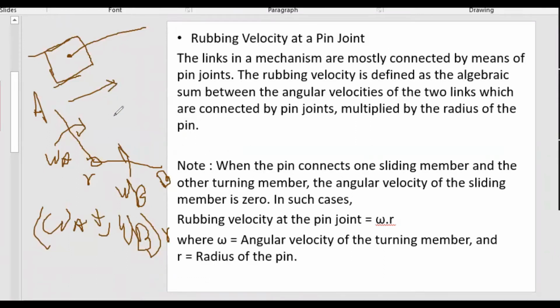So the rubbing velocity at the pin joint is omega into R, where omega is only of the turning member, not the sliding member. Here omega is the algebraic sum of angular velocities and R is the radius of the pin.